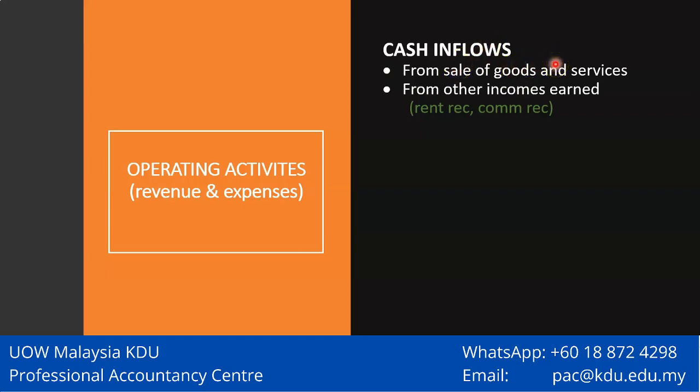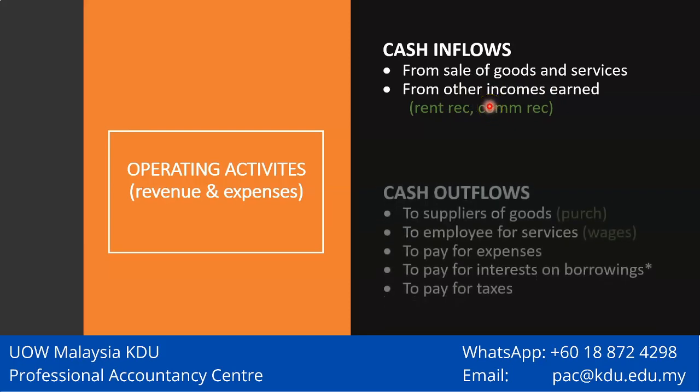So if you are a supermarket, for example, this will be the sales of your products. But of course, you could be providing a service. So you may be a beauty salon, or you're a college providing educational programs. So collection from fees or from your clients. Now, it could also be from other incomes earned, such as rent received, commission received, and so on.